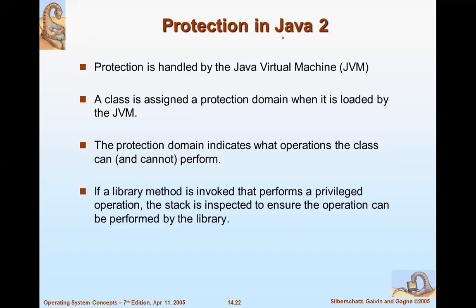Here is another example in the Java language, where protection is handled by the Java Virtual Machine, JVM. I hope you have learned this JVM while you studied the Java language. A class is assigned a protection domain when it is loaded by the JVM. The protection domain indicates what operations the class can and cannot perform.